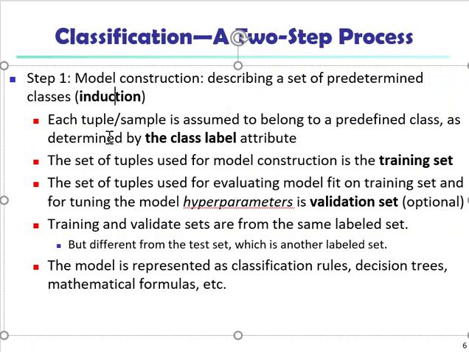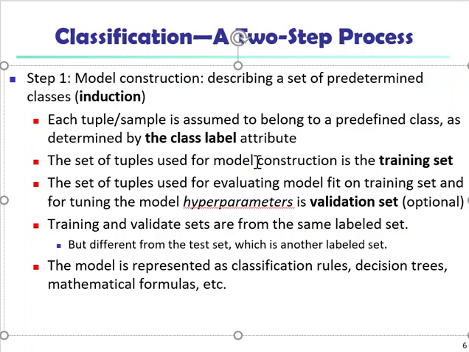We call a classification algorithm a classifier. The input to a classifier are the tuples or samples or observations and their labels. The set of tuples or samples or observations used for model construction is called the training set.